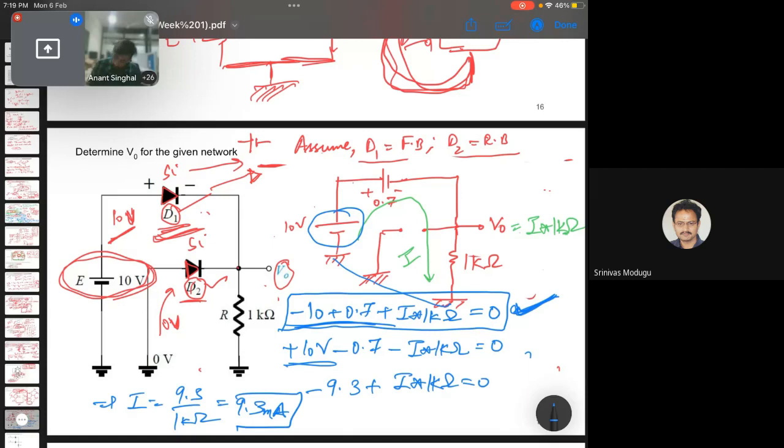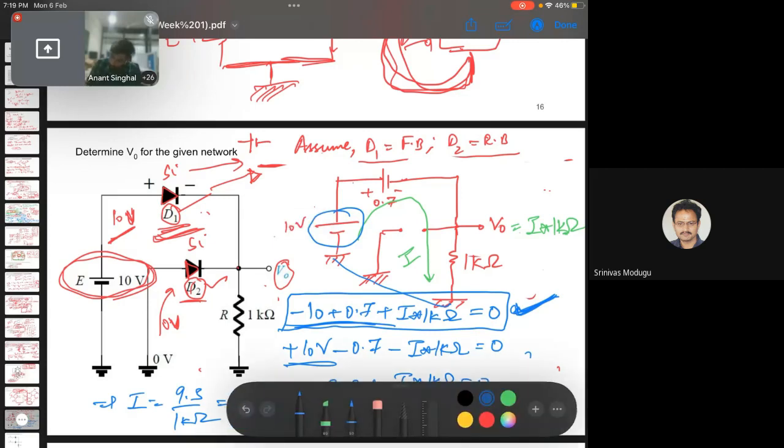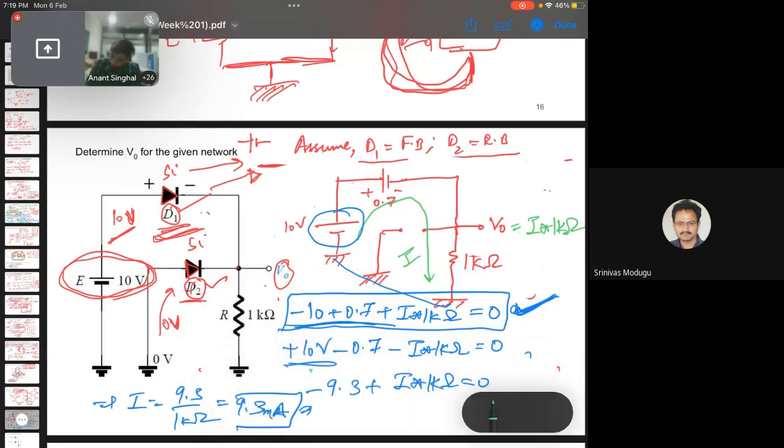Okay, I'll proceed. V naught is nothing but I into this 1 kilo ohm resistor. So we get I as 9.3 milli over 1 kilo ohm. Milli and kilo cancel since it is 10 to the minus 3 into 10 to the plus 3, and we get the final V naught as 9.3 volts.